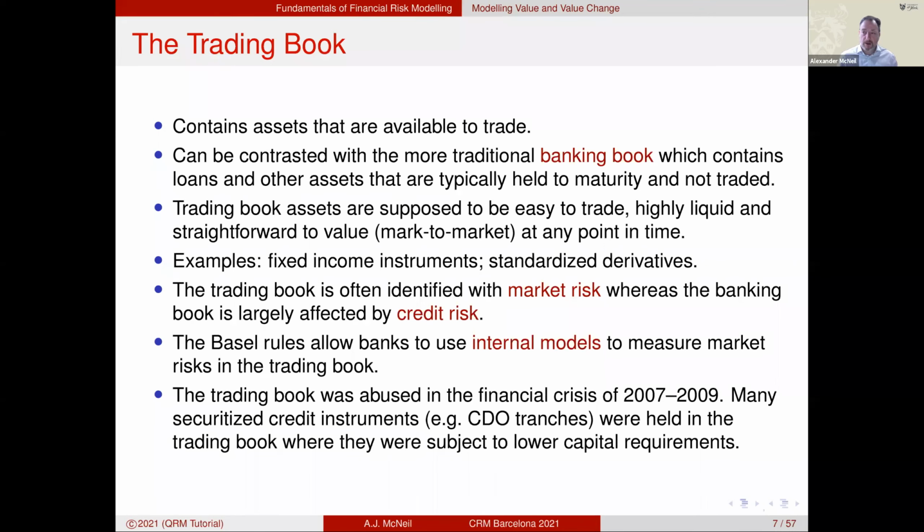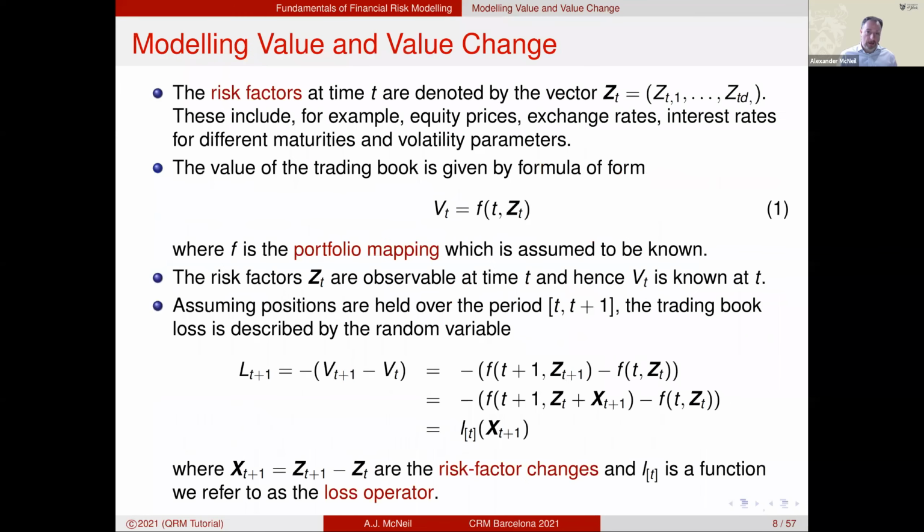These standards are more rigorous because the trading book was somewhat abused in the financial crisis of 2007 to 9. Many securitized credit instruments, in particular, were held in the trading book where they were subject to lower capital requirements, even though their purpose wasn't to trade, but more to be held to maturity.